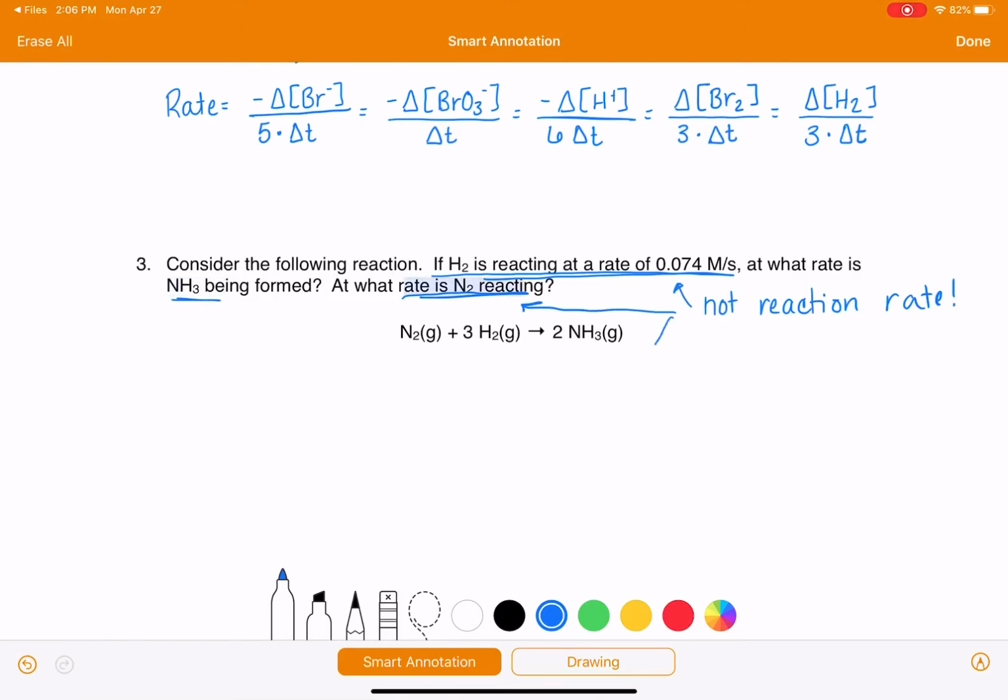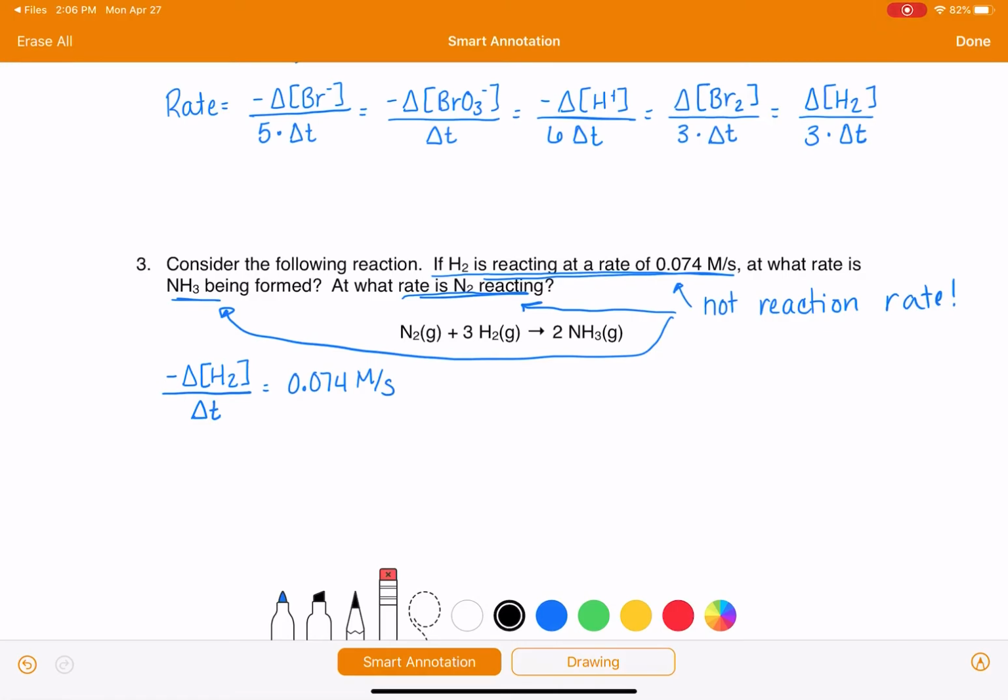These are individual rates. So for H2, which is a reactant, we can say negative delta [H2] over delta t is 0.074 molarity per second.